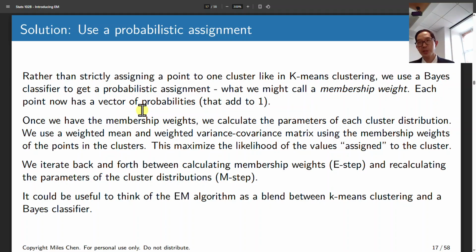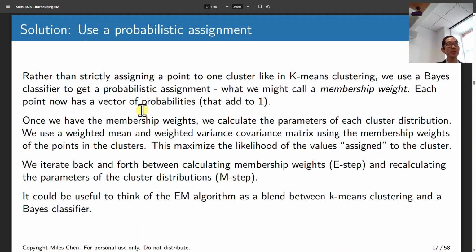And so this EM algorithm that we're going to look at, you can think of it almost as a blend between k-means clustering and the Bayes classifier. So in k-means clustering, you had this iterative back and forth. Reassign your points to clusters. Once you redo that, you recalculate your cluster centroids. Reassign points, recalculate your cluster centroids.